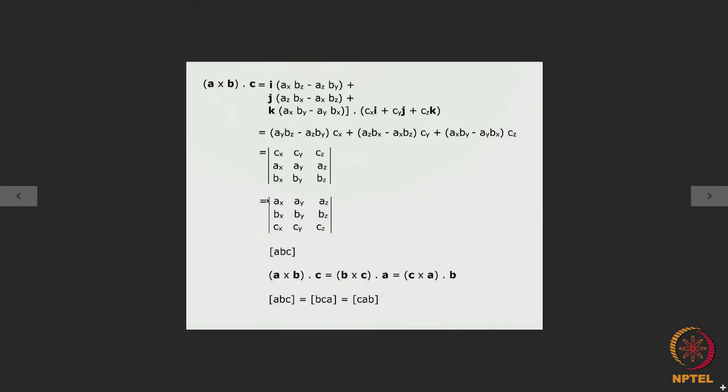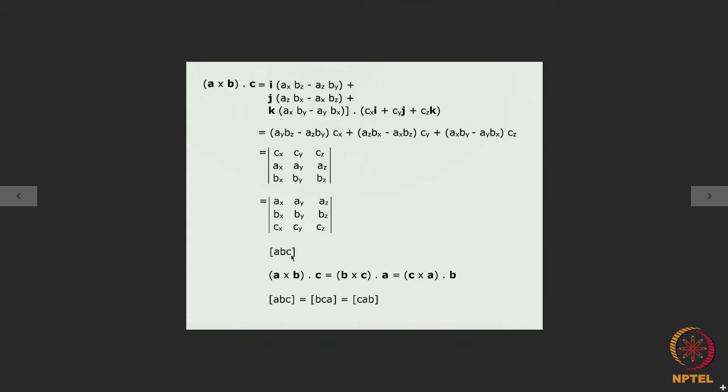So, you can interchange the columns and write it in this fashion. Now, this product a cross b dot c is also known as the box product, and you can write it down in this fashion: a b c within the third bracket.